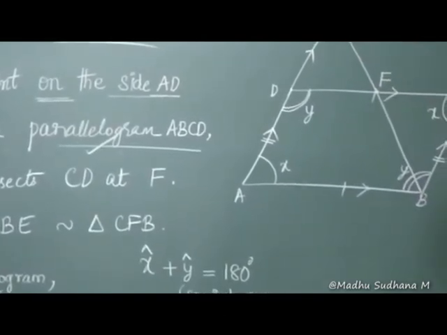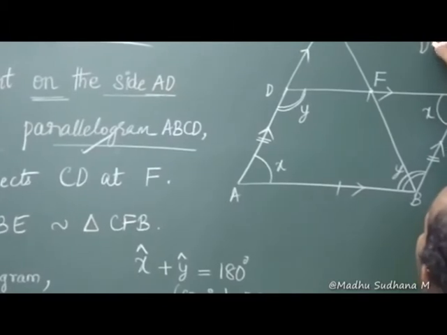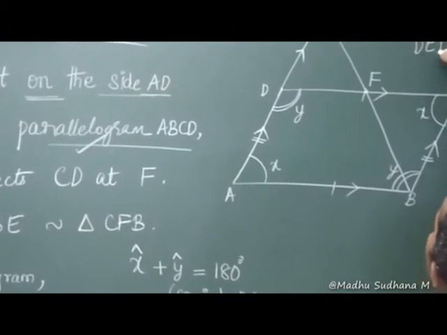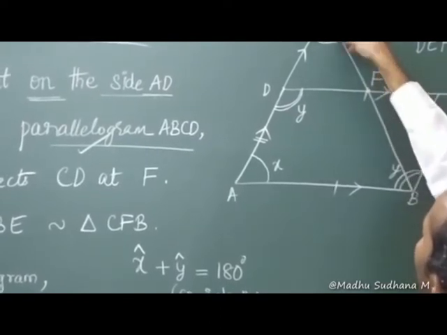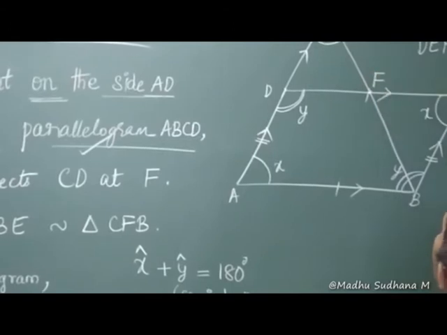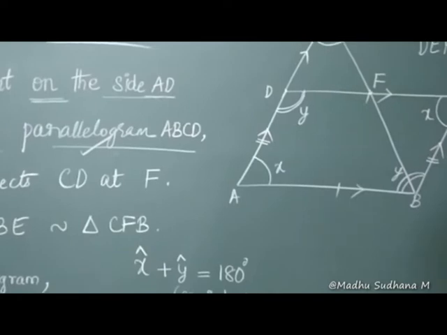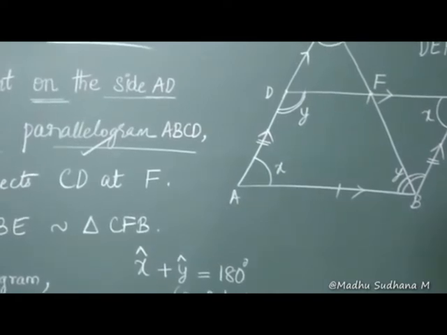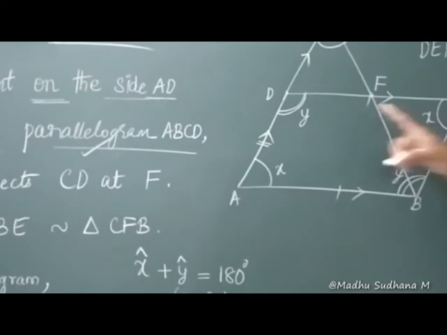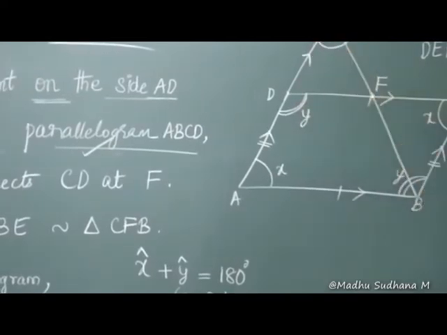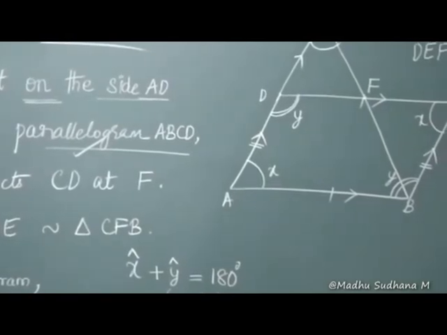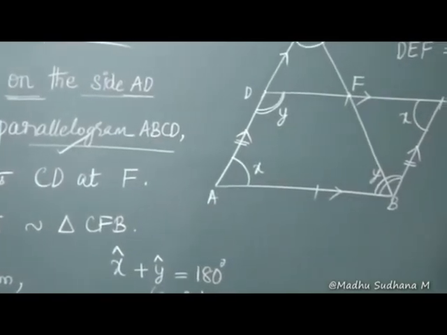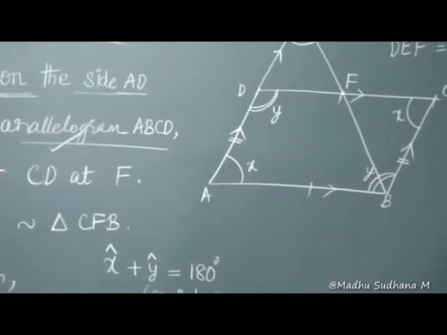So can I say that angle DEF is equal to angle CBF? What is the reason for that? DEF and CBF are a pair of alternate angles being equal. Alternate angles are equal.